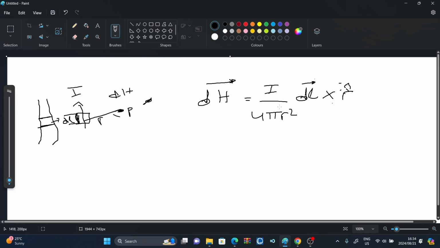And this is a cross product between our dl vector and our r.